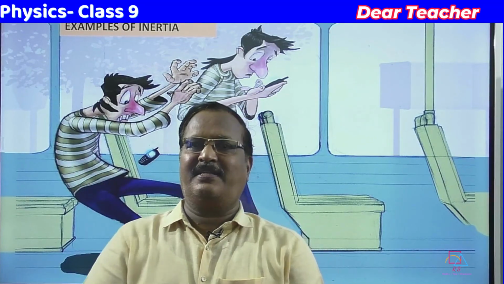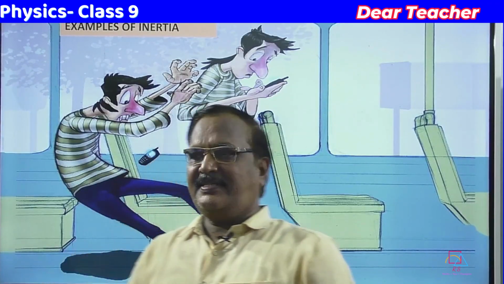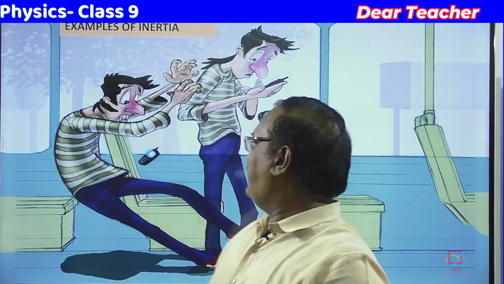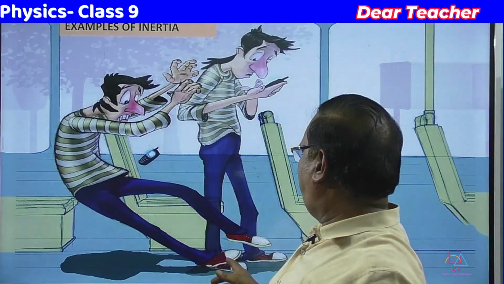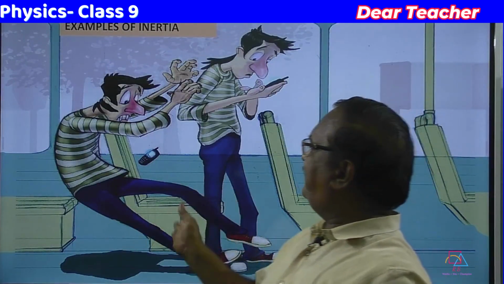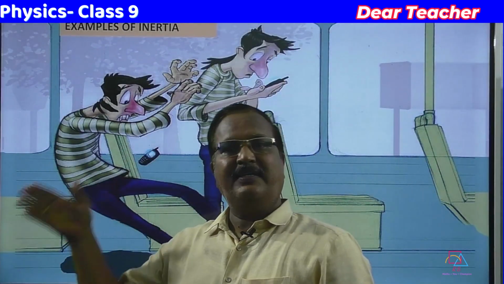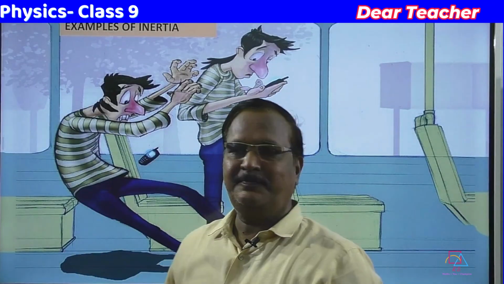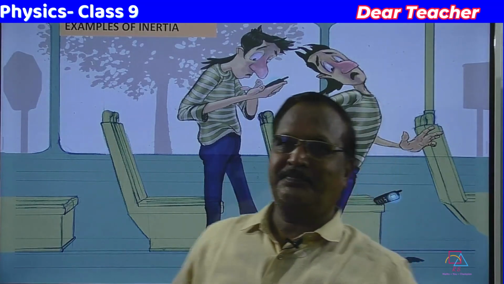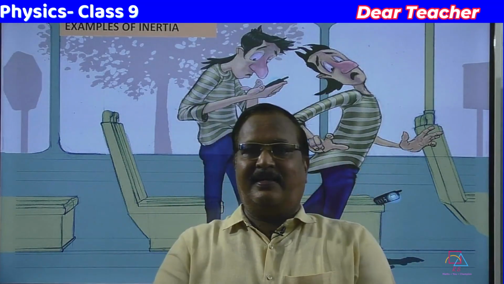This is when the bus suddenly starts from rest. You can see this fellow is falling back, right? And see, the legs are going forward and the remaining body is at rest, so it is falling. Now let us see another one. Now the bus is in motion.